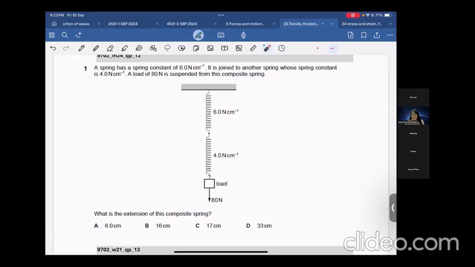Later on, Wesley and Fawal, tell me why your idea is wrong. We have to find out why it's wrong, then I will know how the students are thinking. No, Wesley, the 6 Newton per cm is not extension, so you cannot add it up.